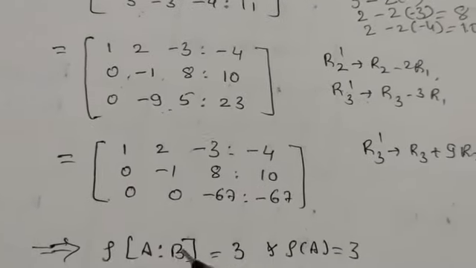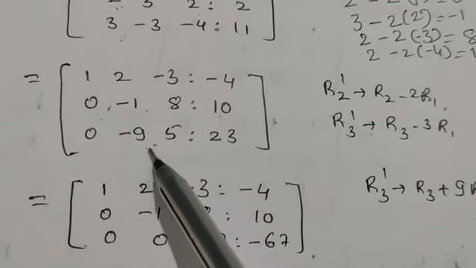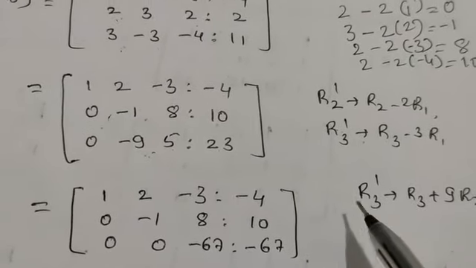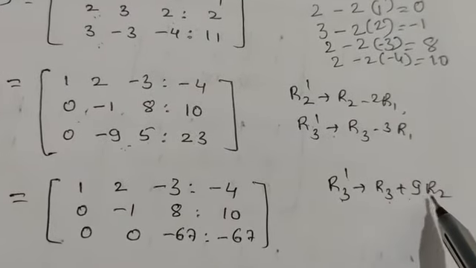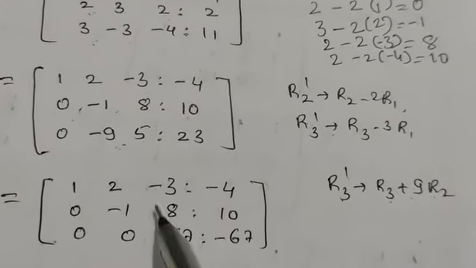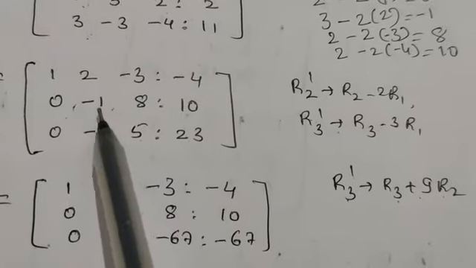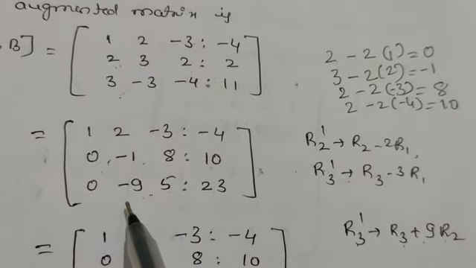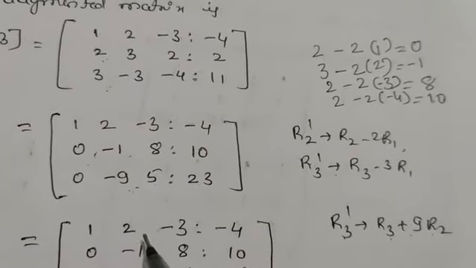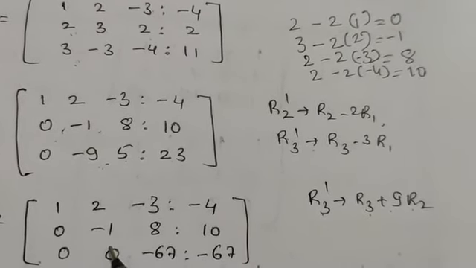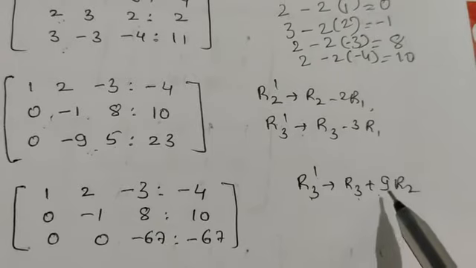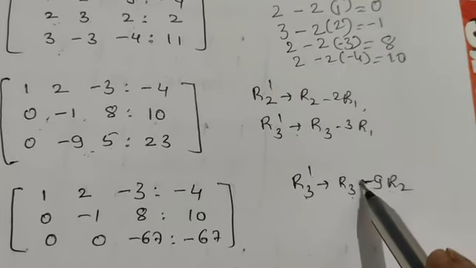Next we want to make this element 0. For that we change R3. R3 changes to R3 plus 9 times R2. No, it is not plus, because both have the same sign, so you will not get a 0 here. It should be minus only: R3 minus 9 times R2.